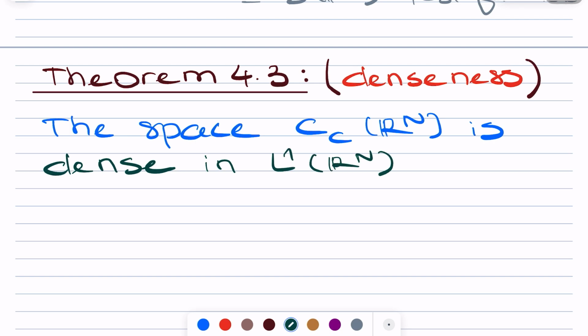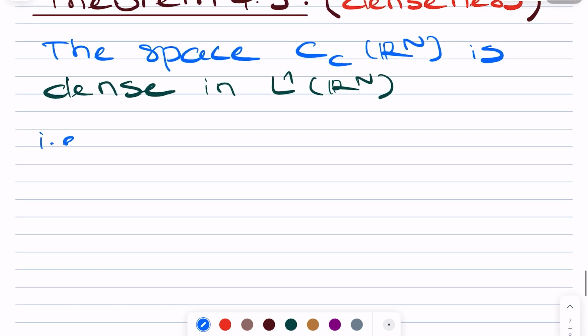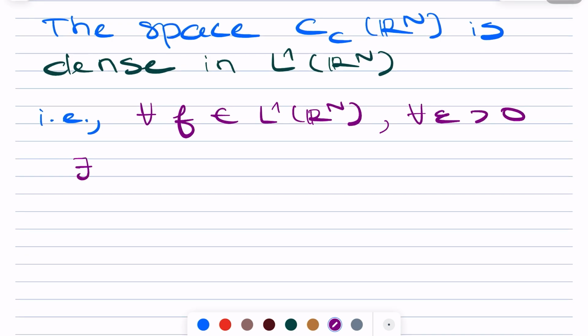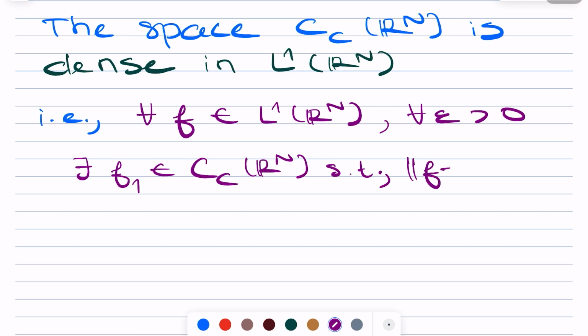So this means for every f in L1 of Rn and for every epsilon positive, there exists, say, f1 in the space CC Rn such that the one norm of f minus f1 is less or equal than epsilon.